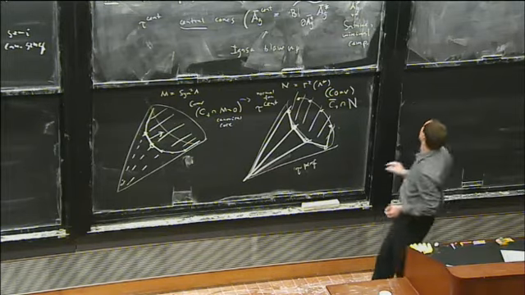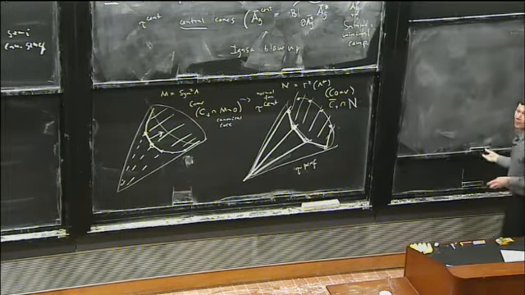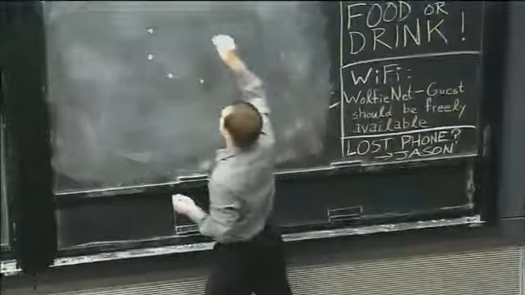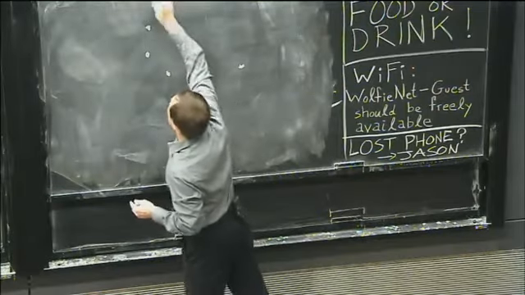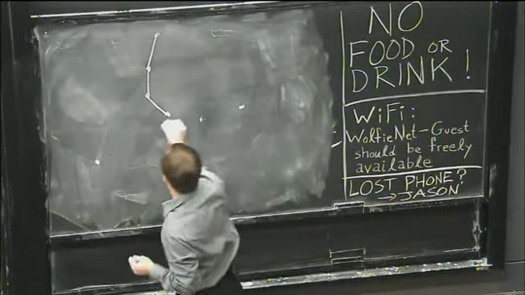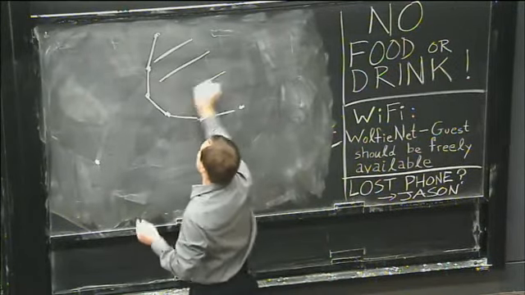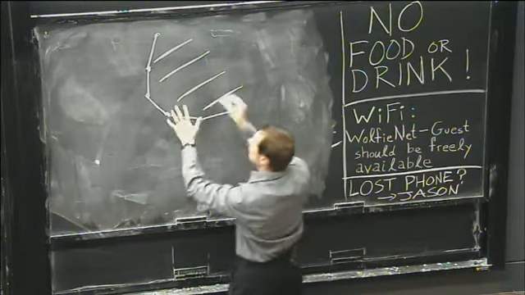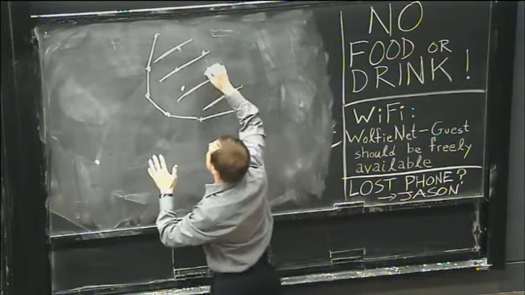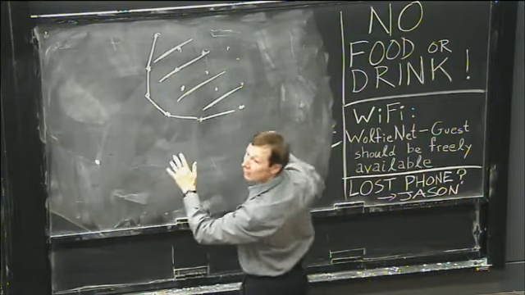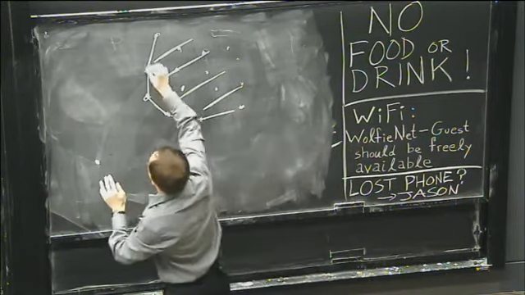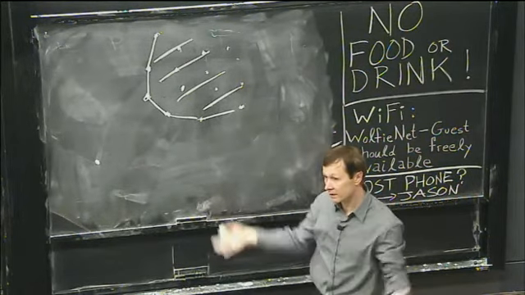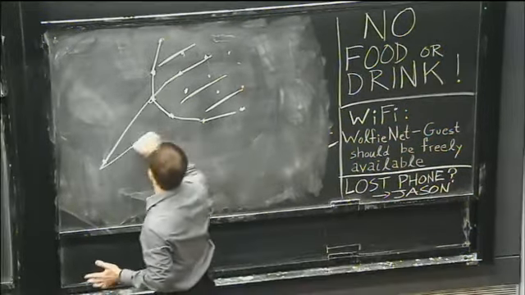Was that clear? Let me try again. So let's say these are the integral points. I look at the convex hull of the non-zero integral points. There will be some points inside, but I look at the boundary. So the boundary has countably many faces, and just take cones over them.